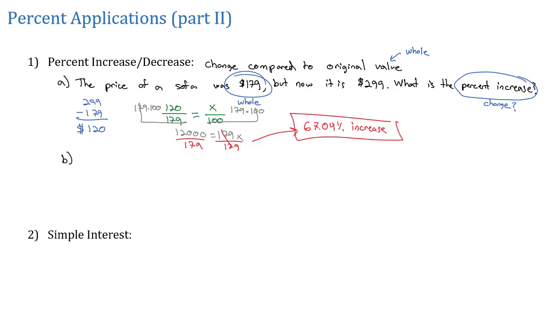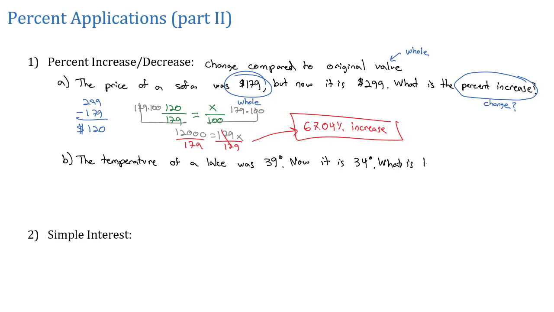Let's do one more. Let's say the temperature of the lake was 39 degrees. Now it is 34 degrees.